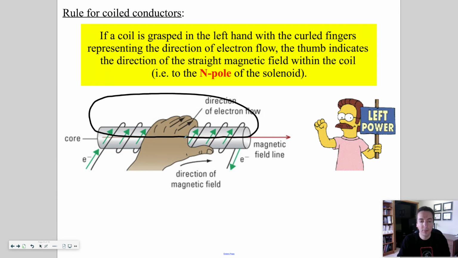So the direction of the magnetic field would be to the right through the coil, like that. And then the magnetic field lines would be going around like this. So I'm just going to draw one of them, and then back towards here. So notice this would be the North Pole, and this would be the South. So your thumb ends up pointing towards the North Pole of the solenoid.